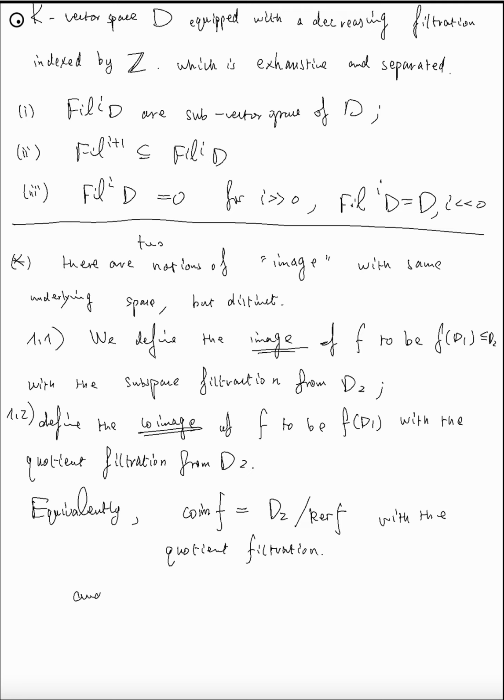And the image of f equals the kernel of D2 to the cokernel of f with the subspace filtration.